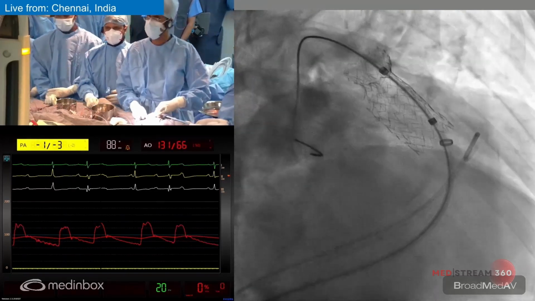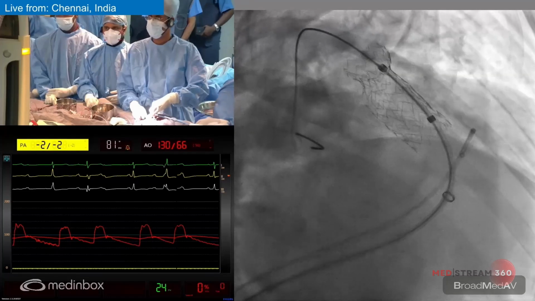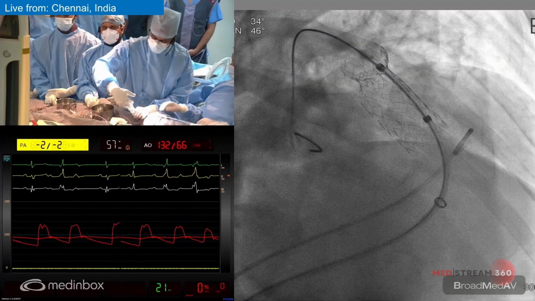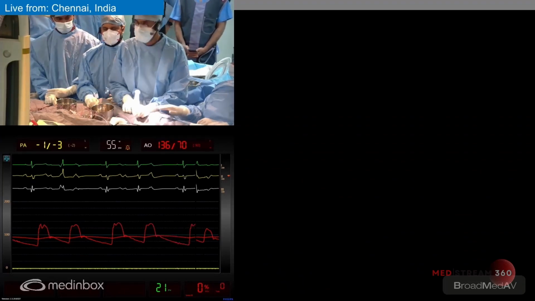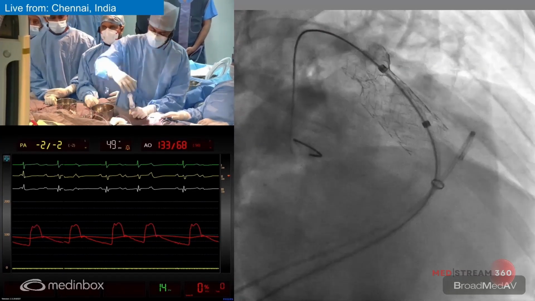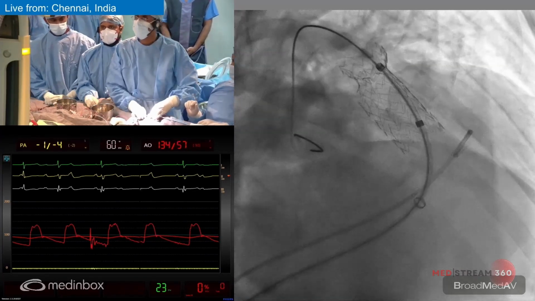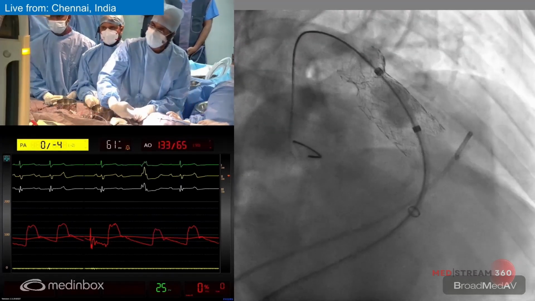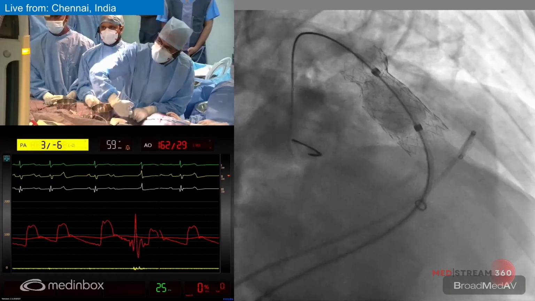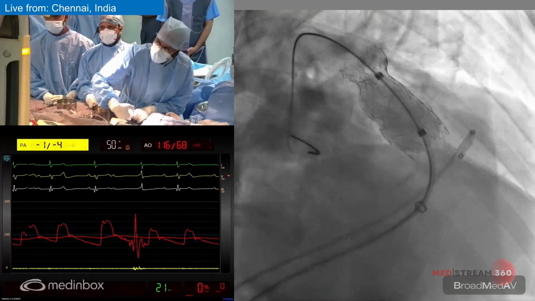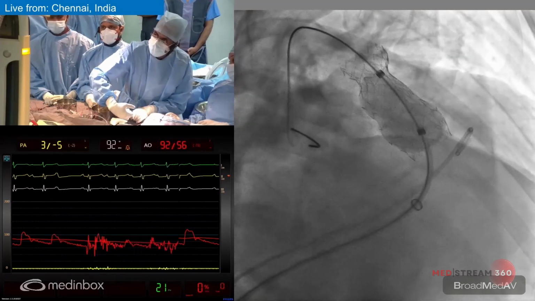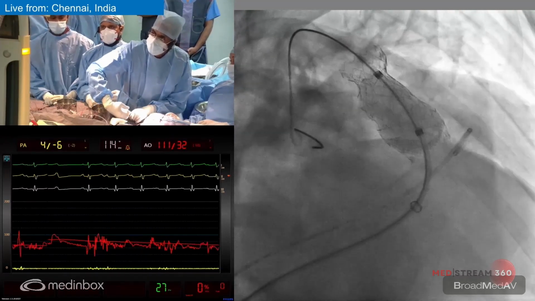So I'm now peeling back the sheath and I'm going to give an expansion. This is a soft balloon and it expands quite substantially and flares the wall of the stent to the entire outflow tract.